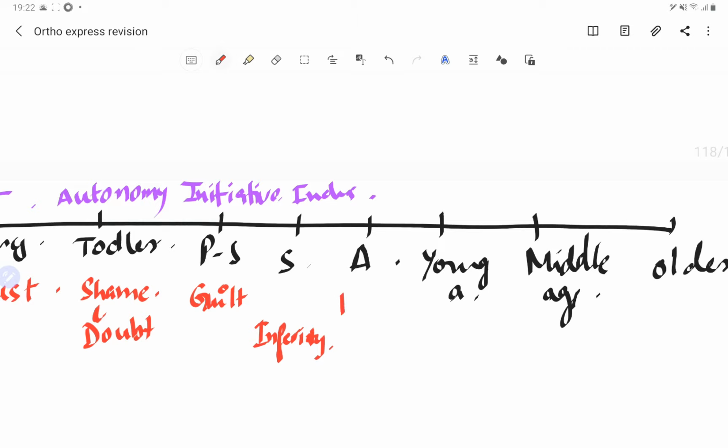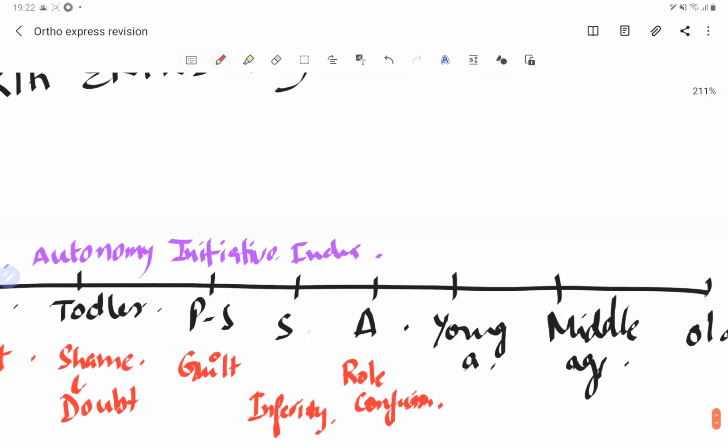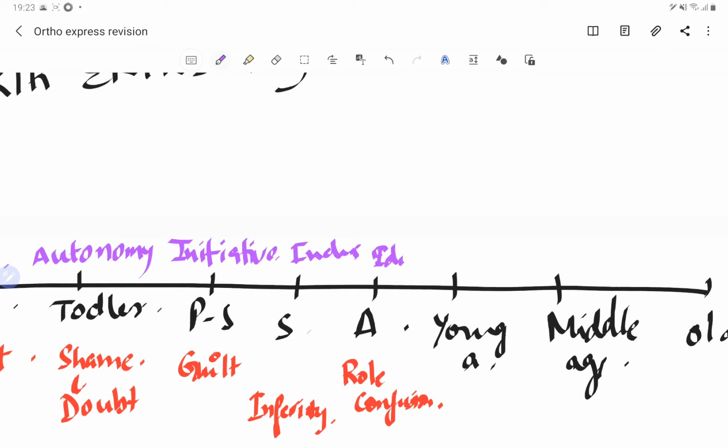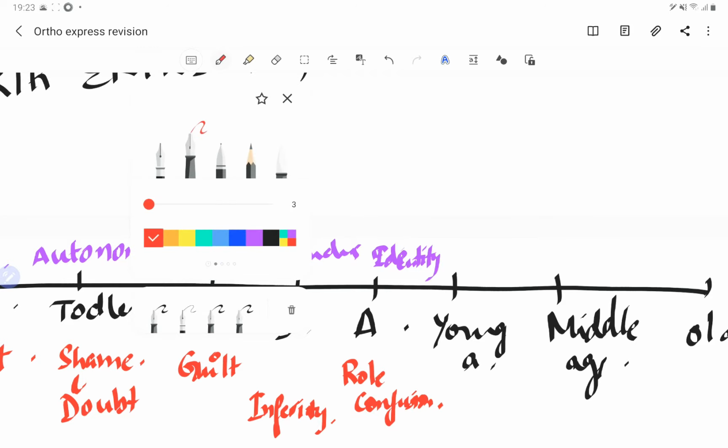In adolescence, either there can be role confusion, or there can be building of identity. Children understand which career they should pursue in life.